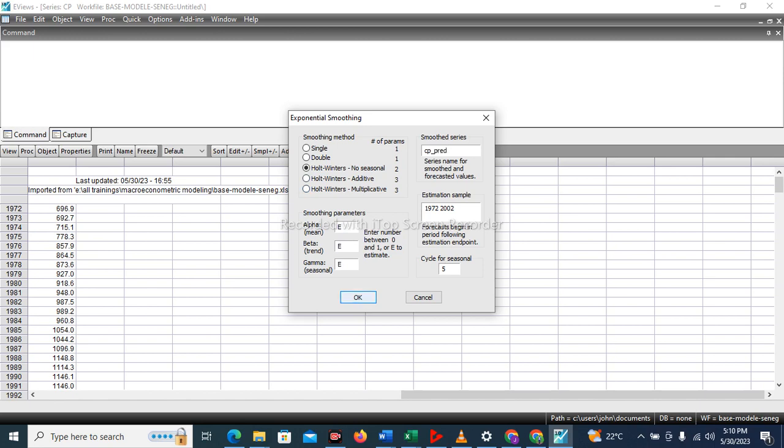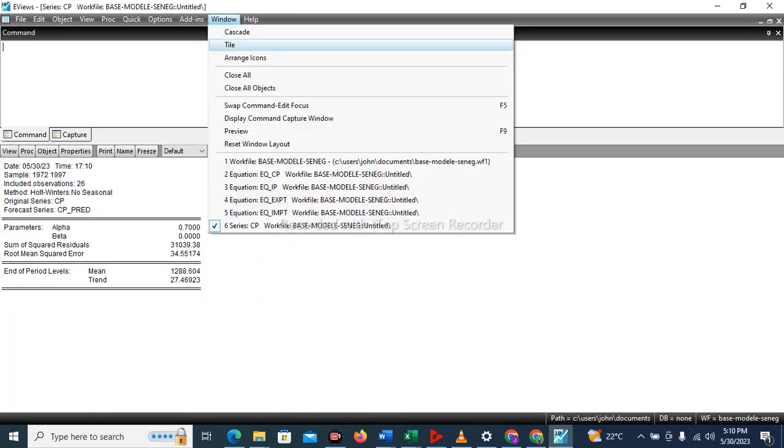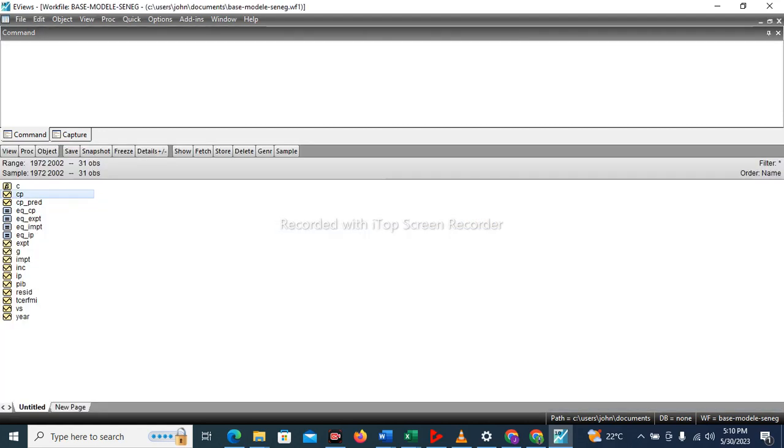Then we say okay. So if I go back to my window, I will find it labeled just below the real variable. I have it here. So we are going to do that for all these variables so that we can now be able to solve our model. I'm going to move fast, assuming you'll also do the same and get the same results as I have.